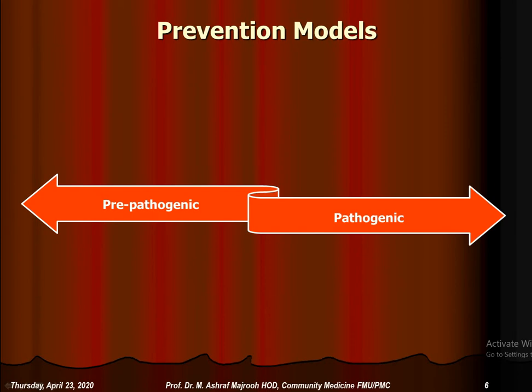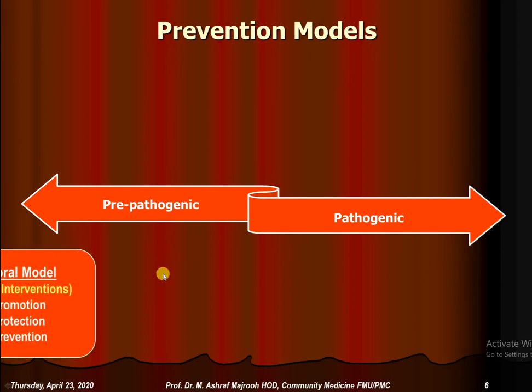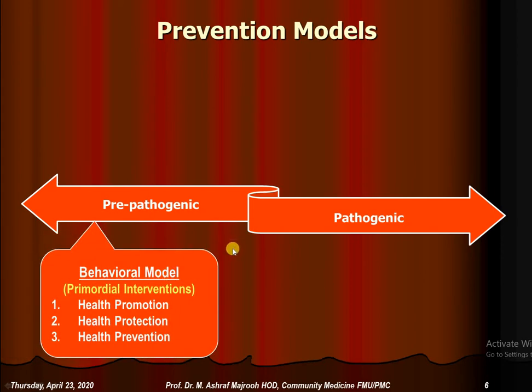Now the prevention models. As we have discussed the causation models, the prevention models can also be explained in the pre-pathogenic and pathogenic phases. The most important model is known as the behavioral model, which is actually the primordial intervention.